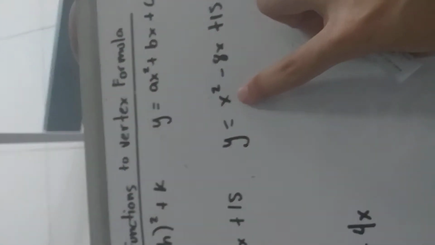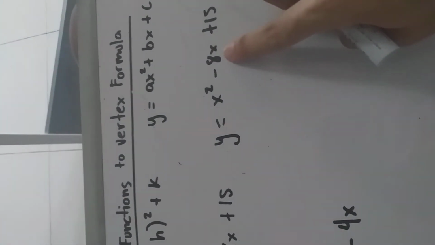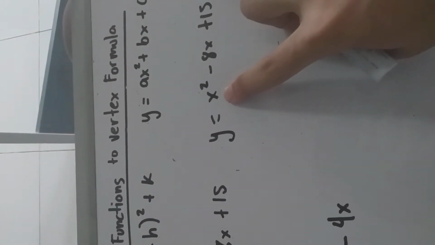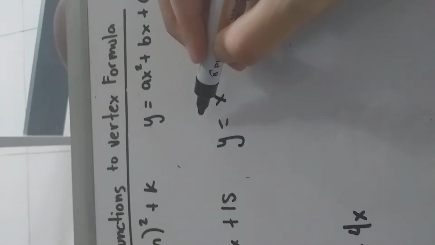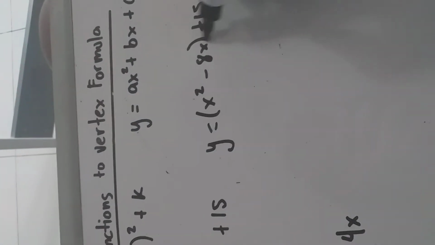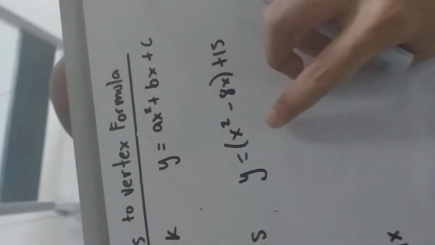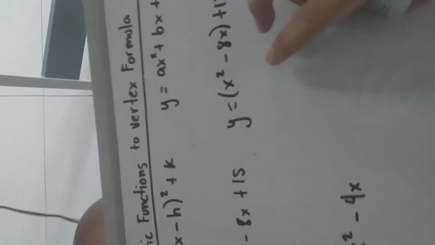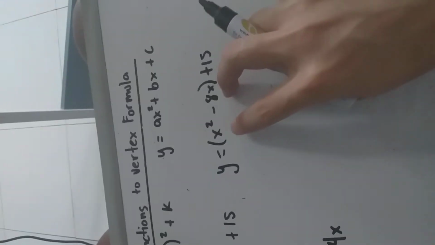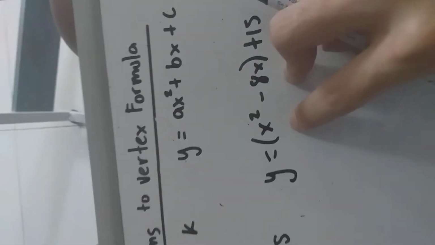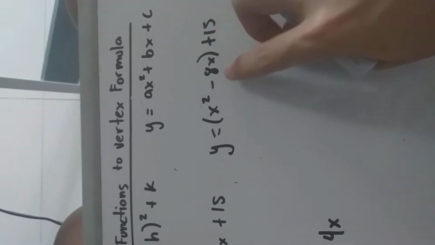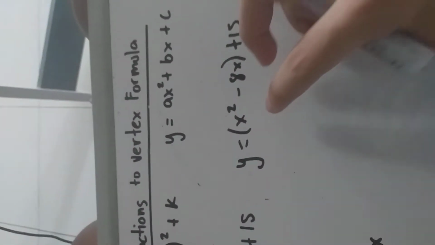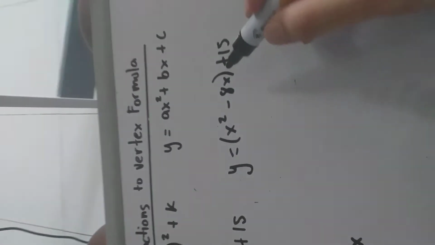After that, we take our x squared and x, which are the quadratic term and the linear term, and we group these two terms together in parentheses. The clue here is that you group together the first two terms, the terms with the x in it. In here, the terms with the x are x squared and x, so we just group the first two terms, which is x squared minus 8x.